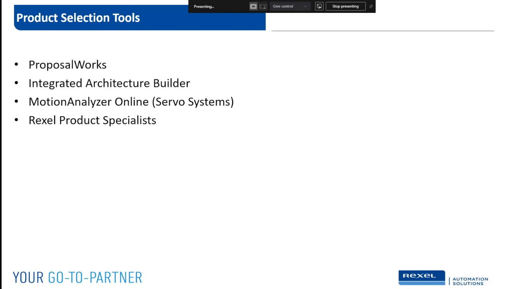We also have Motion Analyzer Online. So if you know your mechanicals, and this is where it's a good idea to have your mechanical guy help, if you put in all of your devices that you're moving, weights, your material, Motion Analyzer Online can help you select the right size motor based on your speed requirements and your load.